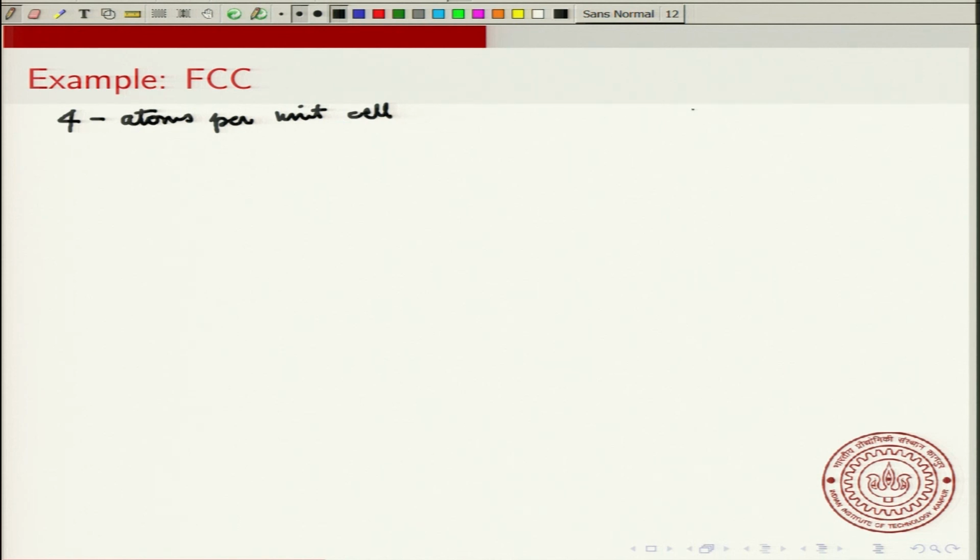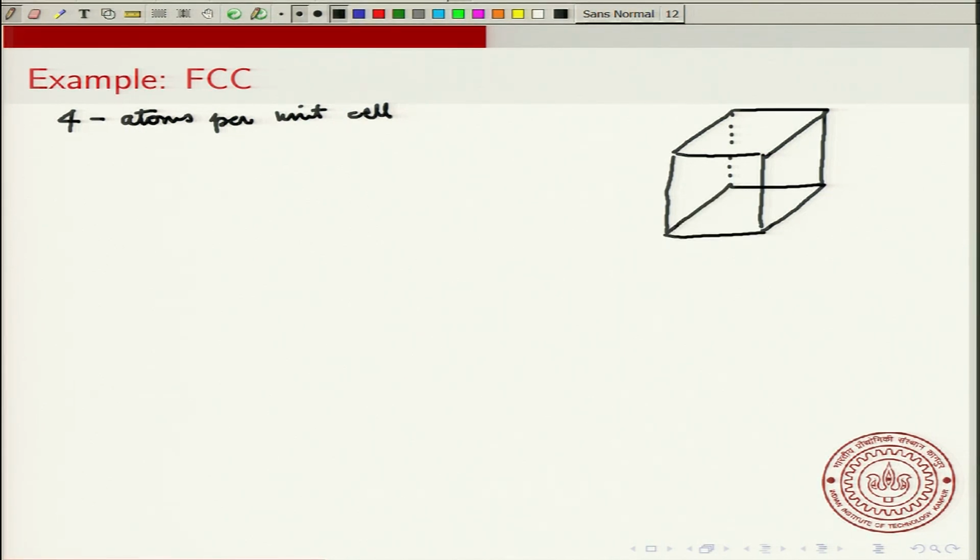Now, if you take the unique atoms, meaning not those that are related through a lattice translation, so, if I draw my cell and let me take my origin here, X, Y, Z. Now I am going to take the four unique atoms.